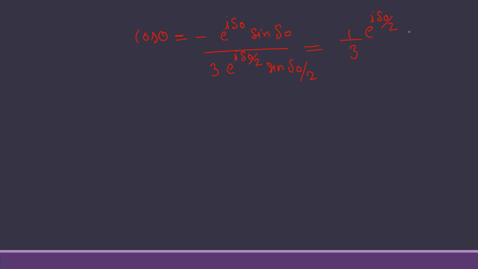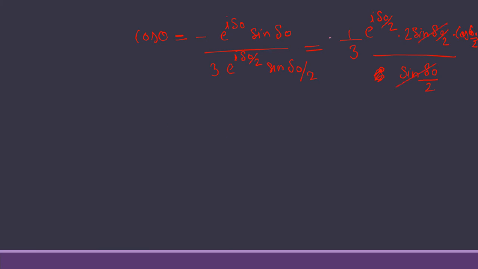Okay, and sin delta naught you can write as 2 sin A cos A. So this will become 2 sin delta naught by 2 into cos delta naught by 2. Why we are doing this? Because here we have sin delta naught by 2 and we want to simplify. So you can convert sin delta naught into sin delta naught by 2 into cos delta naught by 2. So the sin delta naught by 2 in the denominator will cancel out.